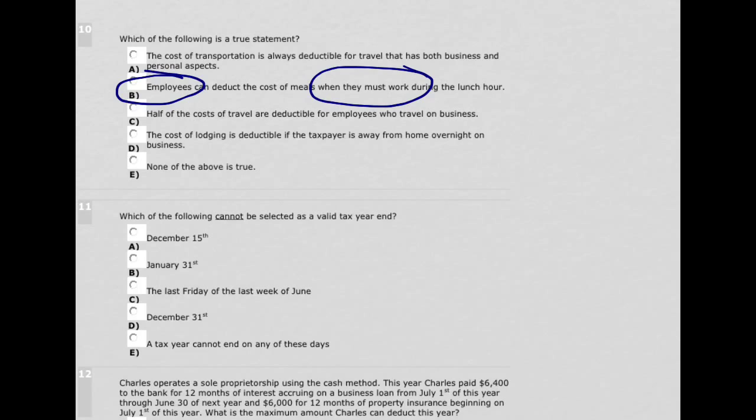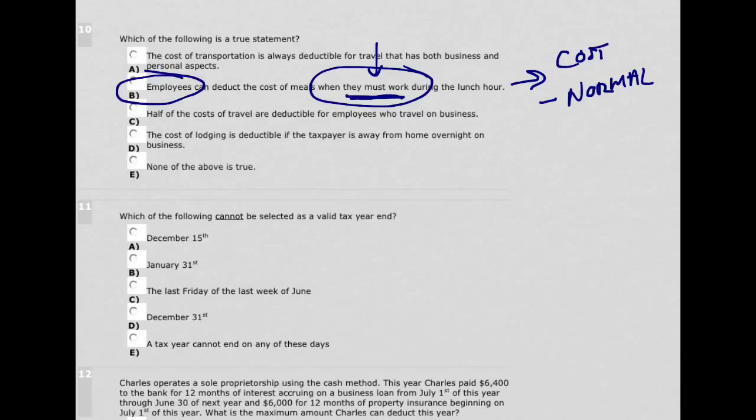There are court cases and there are regulations to the effect that if an employee must work by the employer, concentrating on the word must, the cost of the meal is deductible. The question of how much is deductible comes up often, and the IRS takes the position here that what's deductible is the difference between the actual cost of the meal at the time versus the normal cost of the meal.